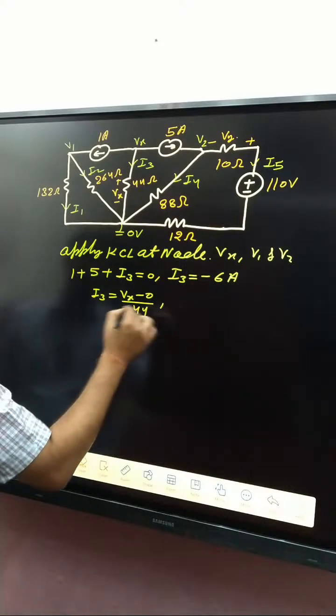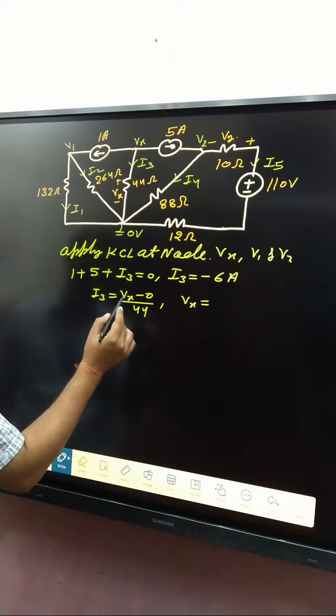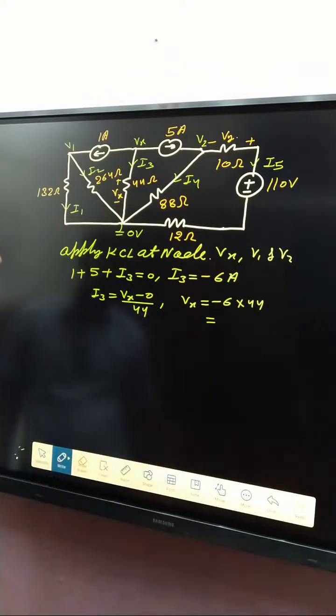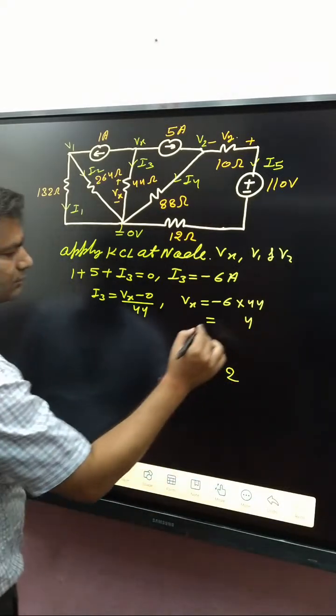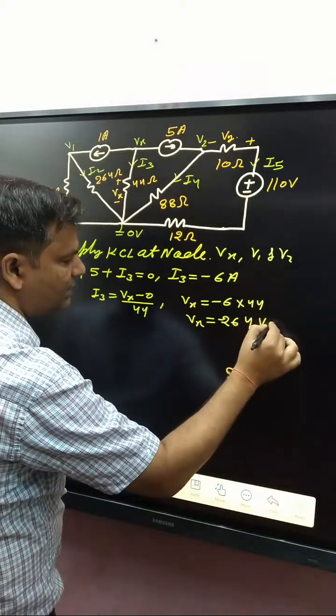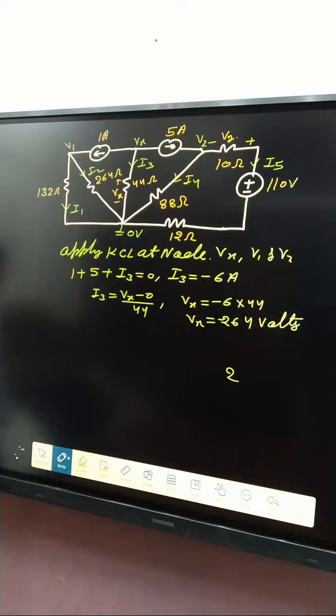So Vx is minus 6 into 44, that is minus 264 volt.